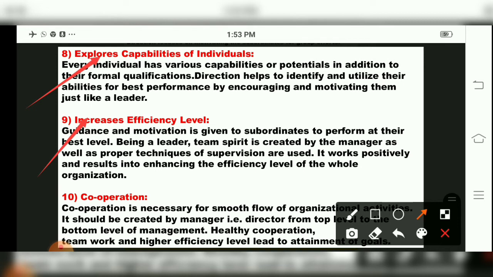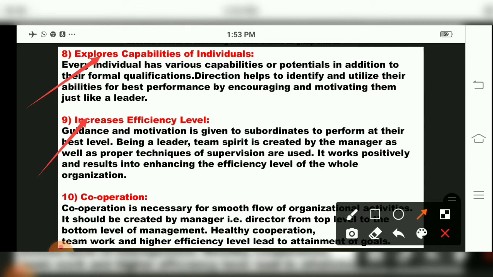So being a leader, team spirit is created by the manager, as well as proper techniques of production or supervision can be done, which helps in positive results as well as it increases the efficiency level of the whole organization.